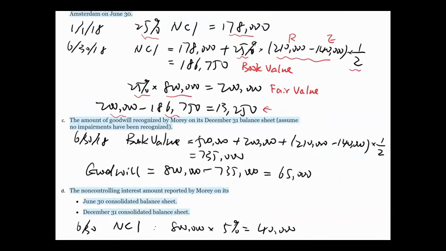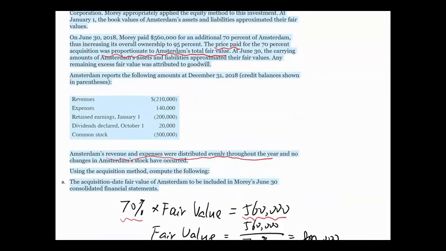Question C. The amount of goodwill recognized by Maury on its December 31st balance sheet would be how much? Okay, so which means that we need to figure out what the book value is on June 30th when Maury obtained the controlling interest. Because here we do not have much information related to assets and liabilities, but we can calculate its equity balance.